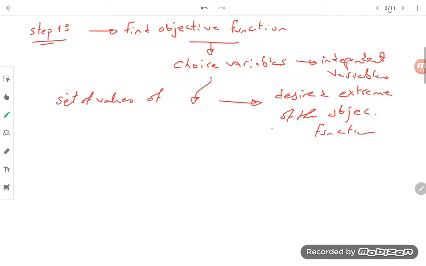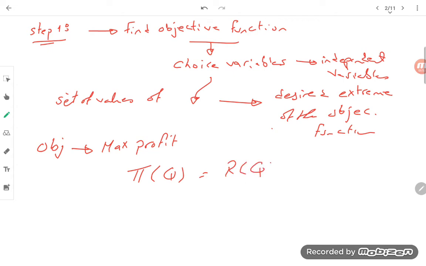For example, we would like to maximize profit. So the objective is maximum profit. Or in other words, we would like to maximize the difference between revenues and costs, as profit is calculated as revenue minus cost.